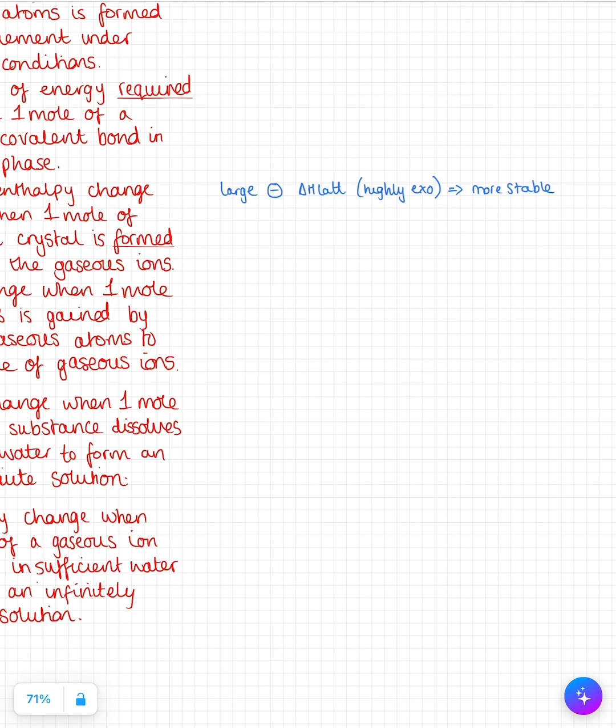This is typically due to the strong electrostatic attraction found within the lattice, keeping those ions close together and therefore more stable, so requiring more energy to overcome those forces.